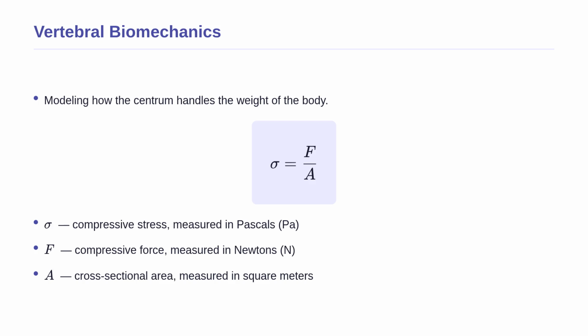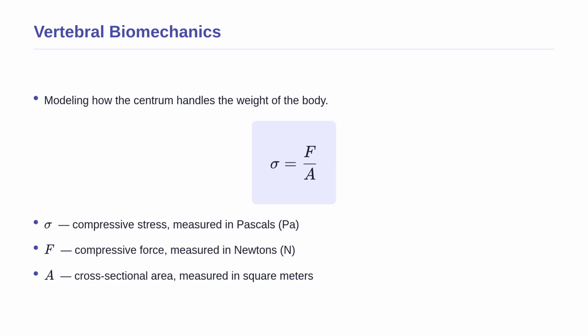This brilliant modular design leads us to the biomechanics of how the centrum handles weight. We can model the compressive stress on the centrum using a standard mechanical formula. Sigma equals F divided by A. Here, sigma represents the compressive stress, measured in pascals.